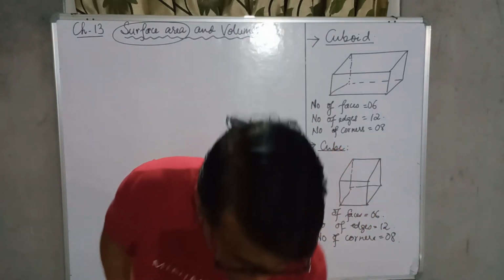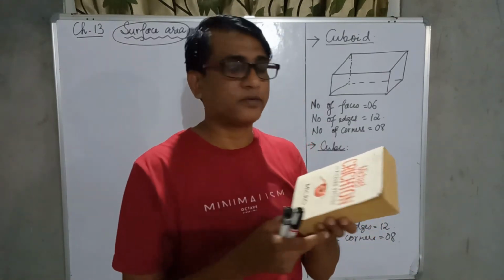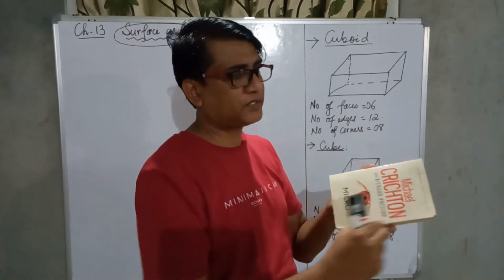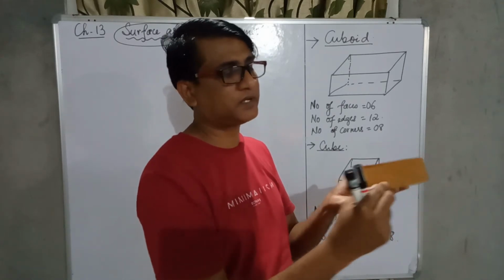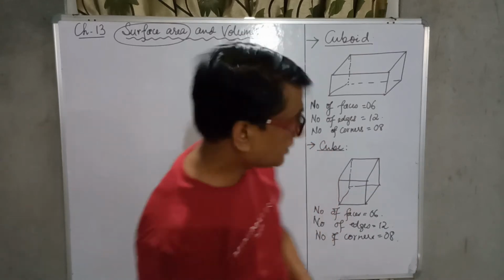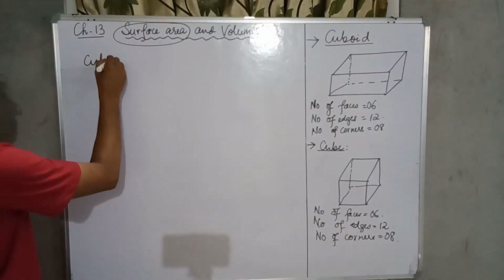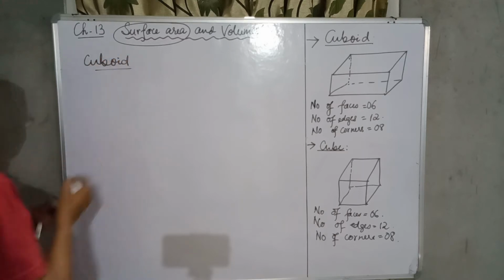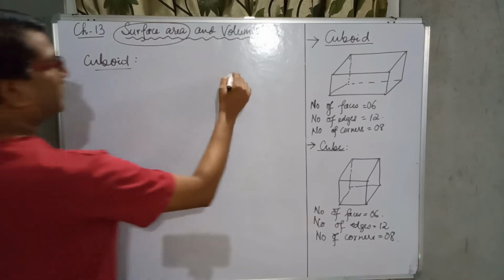Now what is the surface area of this cuboid? How to find out? This is one rectangle, area of this rectangle plus area of this rectangle plus area of this rectangle. So 6 rectangles are there. What is the area of a rectangle?